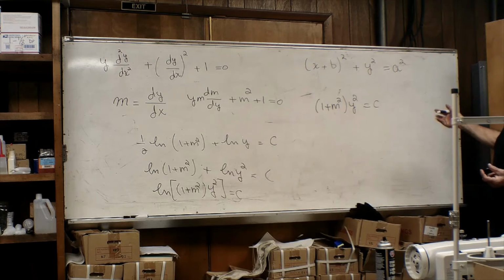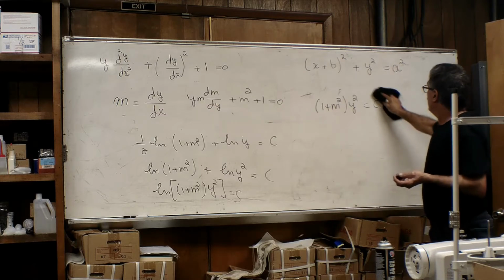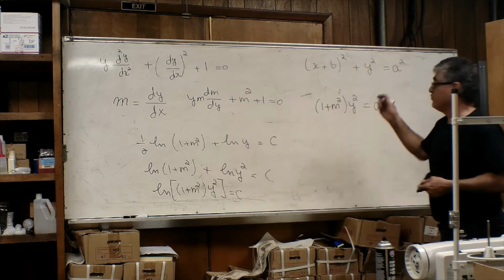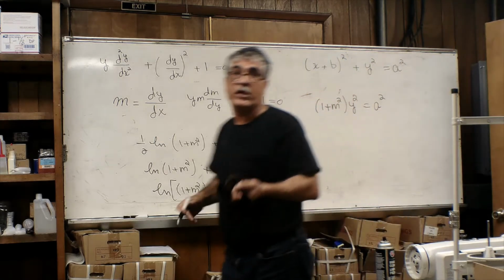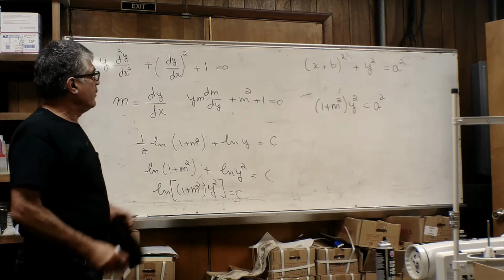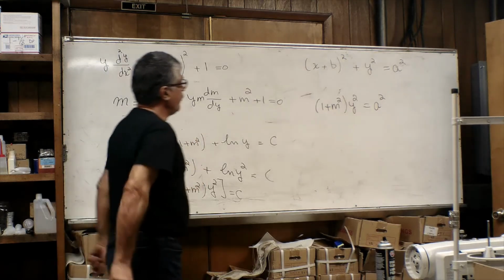And since we have a square here, let's go ahead and show this constant as a square. The constant, we can show it like a square, it doesn't matter.